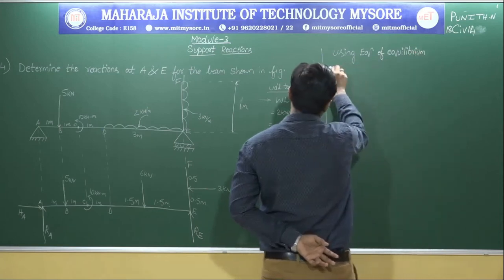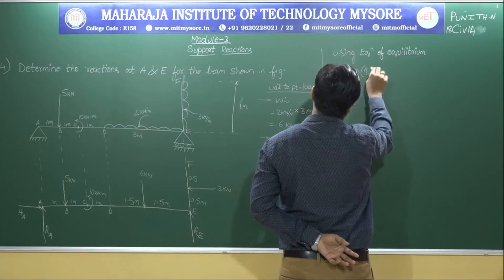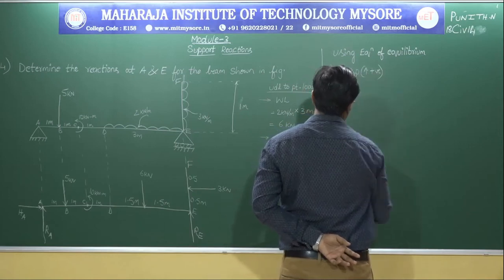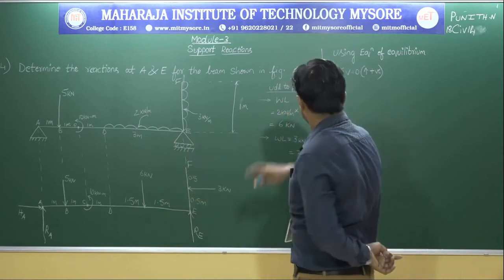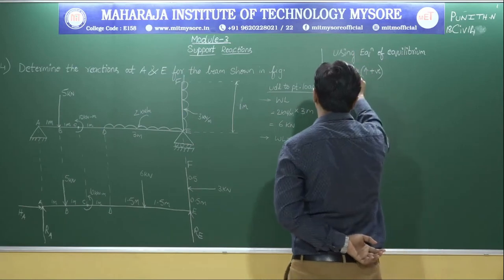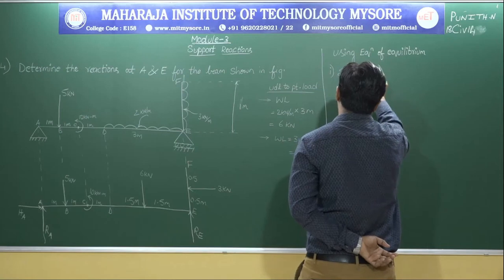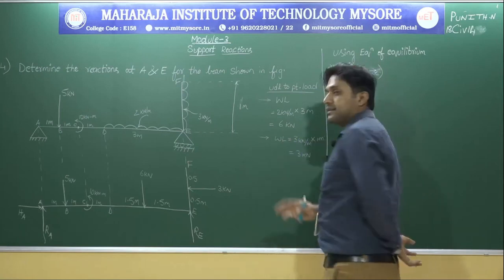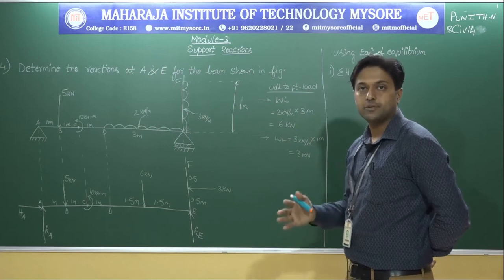So the first one is sigma V equal to 0, upward direction positive. Now, which are all the forces acting in the upward direction? First we'll go with sigma H, because in all the 3 problems I have first started with the horizontal force. There is nothing mandatory that you need to start only with sigma V equal to 0 or sigma H equal to 0.